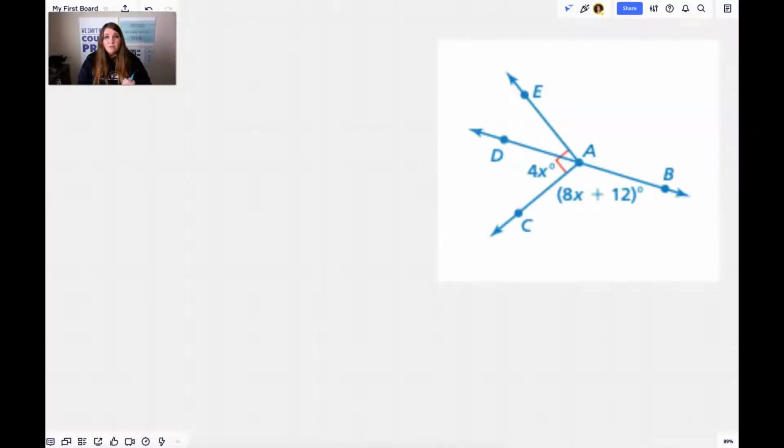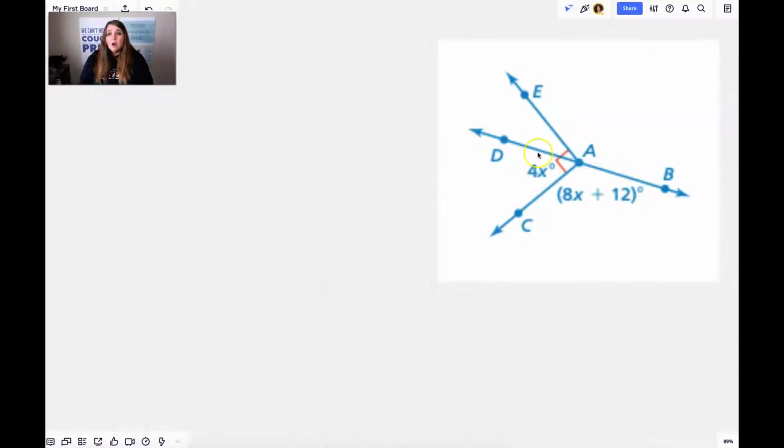Okay, so the first thing that we're going to look at is a problem that looks like this. So you can see that we have this figure, so to speak, made up of 4 different rays.